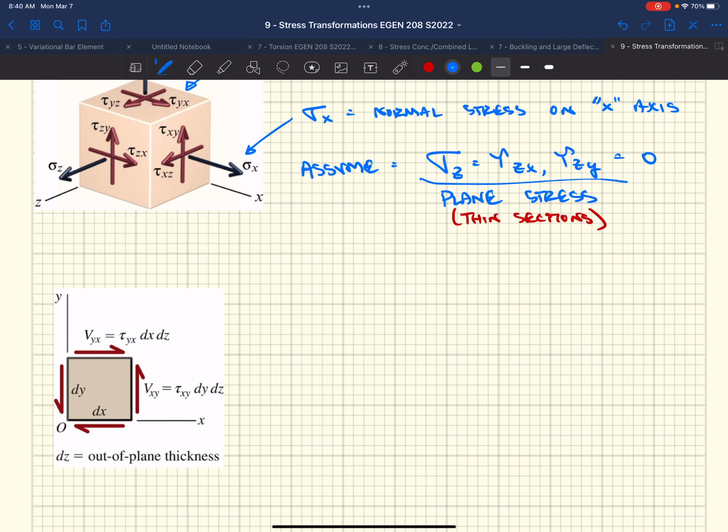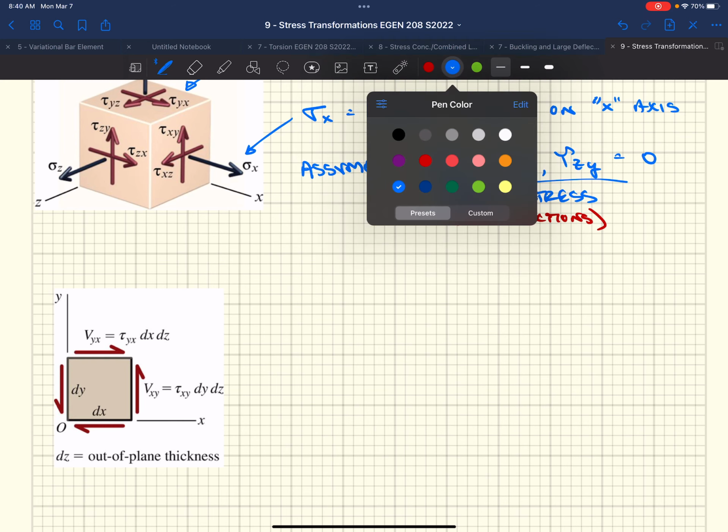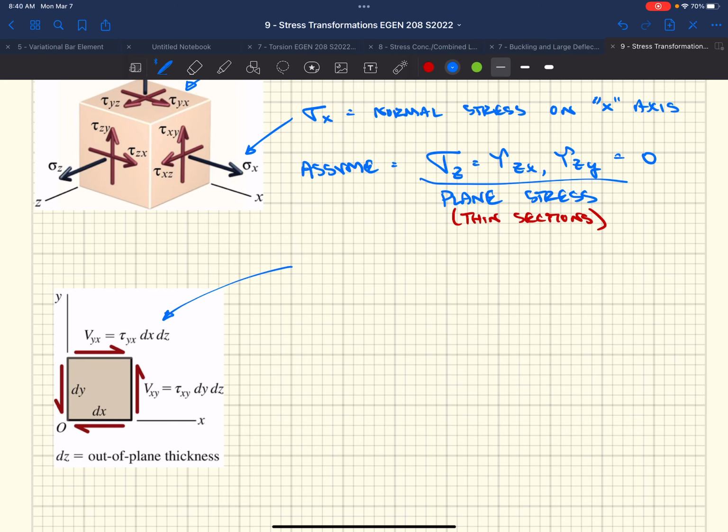With combined loading, if we have this, we want to know the relationship between tau xy and tau yx.